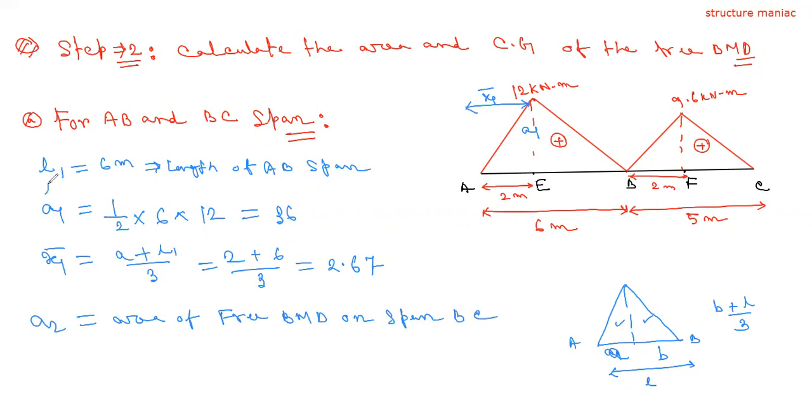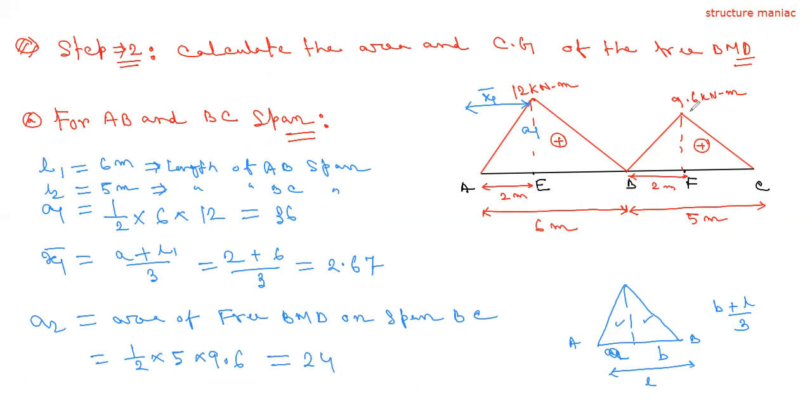Here consider L2 is equal to 5 meter, that is the length of BC span. The area is also a triangle, so half into base width 5 meter into 9.6. That comes as 24. Please check the calculations again.